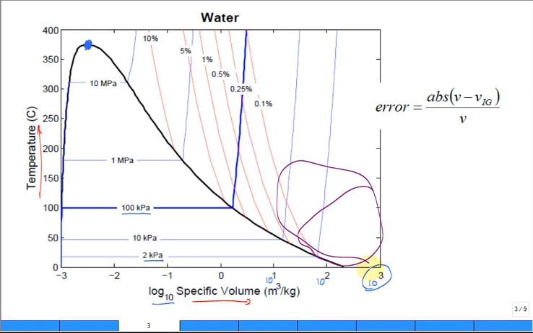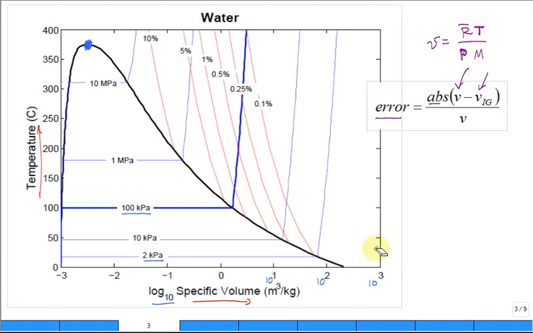And I calculate the error as the absolute value of the specific volume from the code RefProp, which is based on experimental observations, compared to the ideal gas specific volume, where you're just using the ideal gas equation, R bar T divided by P molar mass. And then we plot where this error is less than 0.1%.